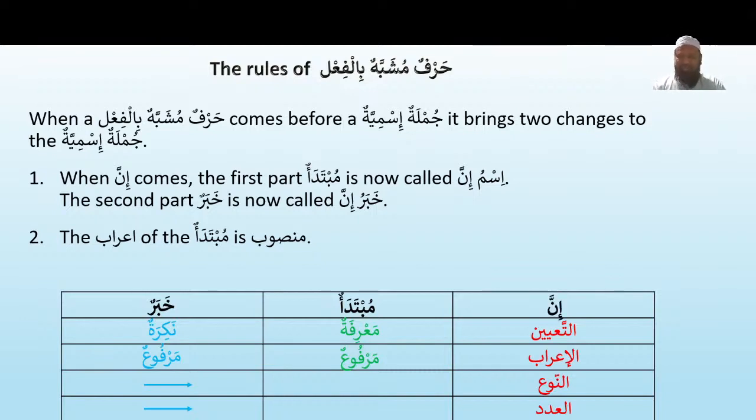Now when inna comes, what happens? Mubtada becomes ismu inna, khabar becomes khabaru inna. What happens to the i'rab? Ismu inna, as you can see here, is now mansub, and the rest of the things remain the same. Khabaru inna is nakira, marfu', and will match ismu inna.